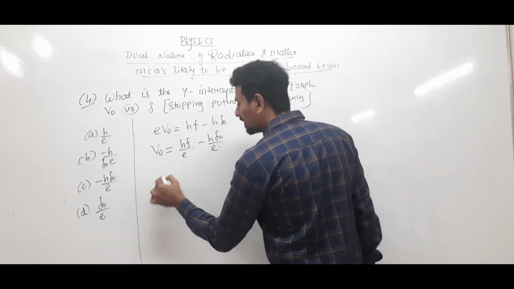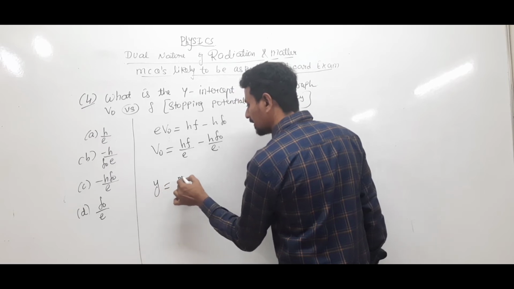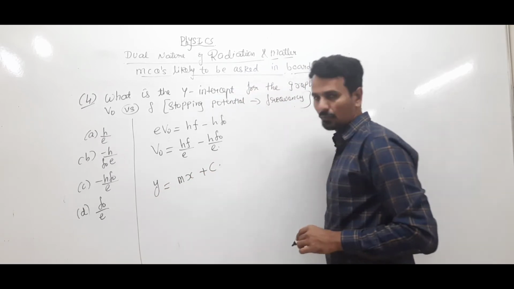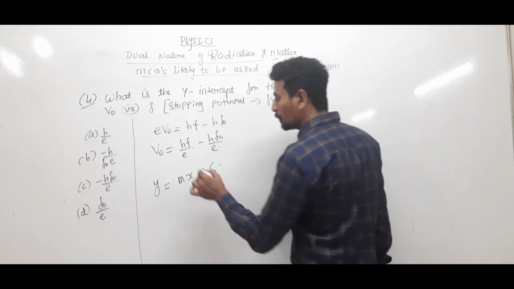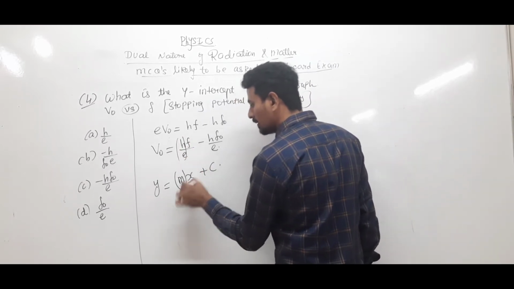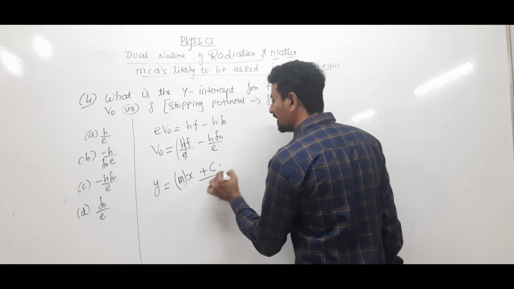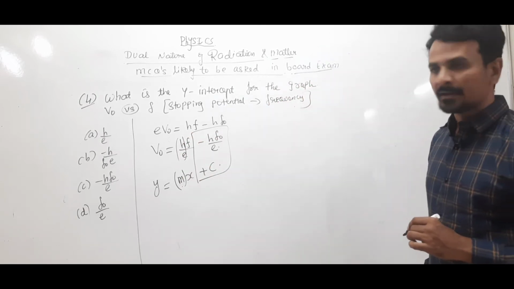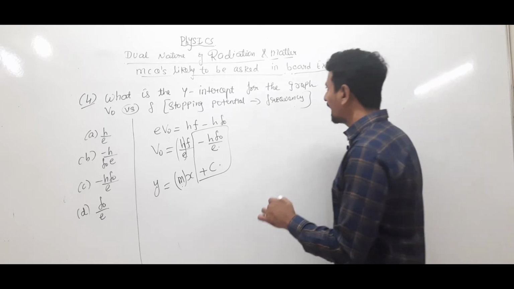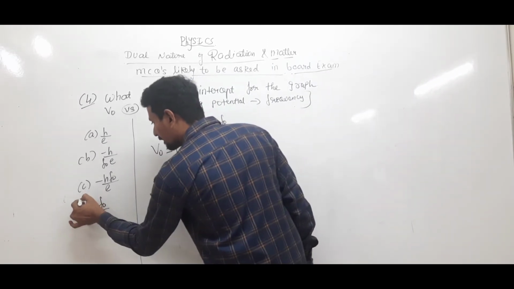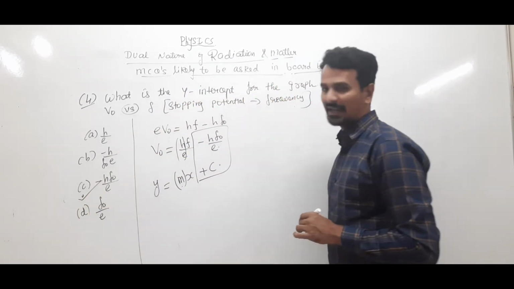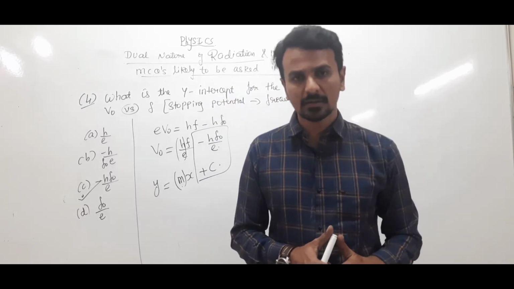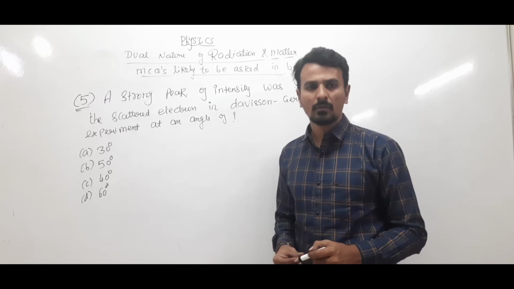Compare this with the equation of a straight line, mx plus c, where c represents the y-intercept. The slope is h by e and the intercept is minus hf0 upon e. So the y-intercept of the graph will be minus hf0 by e. So C, that is the third option, is correct. Fine? Clear? The next one.